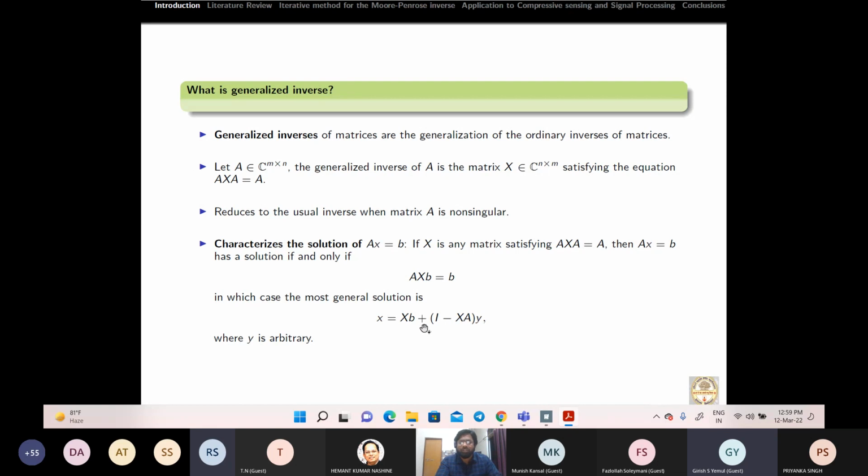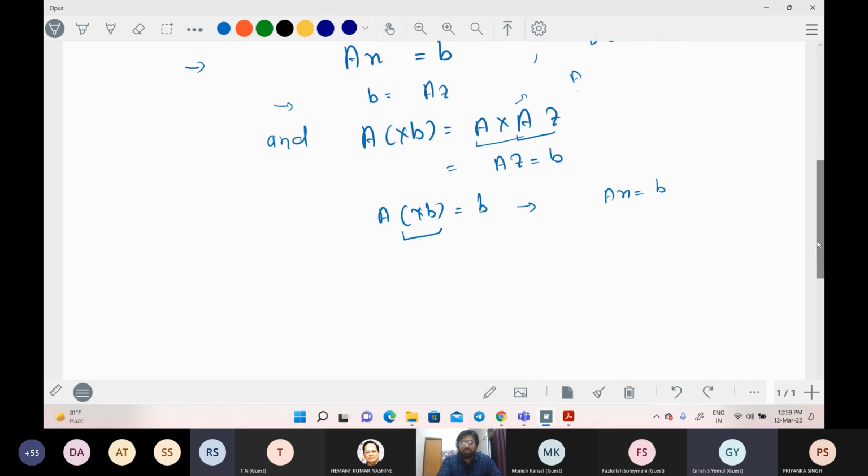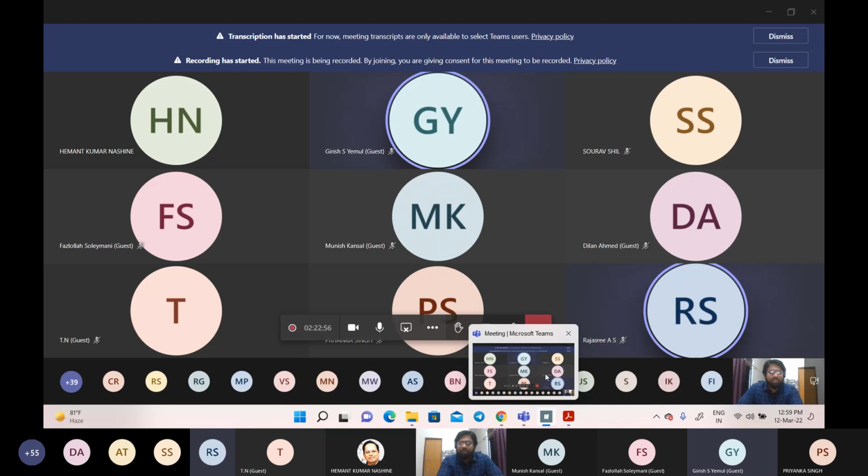It's not a convex combination, because what is written here is simply Xb plus (I minus XA)y, where I is the identity matrix. So if this system has infinite solutions, this represents that set of solutions. It's not like a convex combination that I have taken. Any other queries you have?